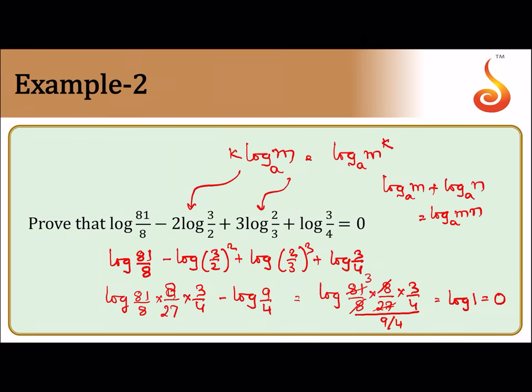After that, we use two properties: log base a m plus log base a n equals log base a mn. Another property we used: log base a m minus log base a n equals log base a m by n. So we used 1, 2, 3, all three properties in this example. Slowly do it, you will understand.